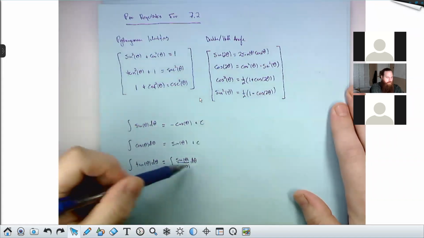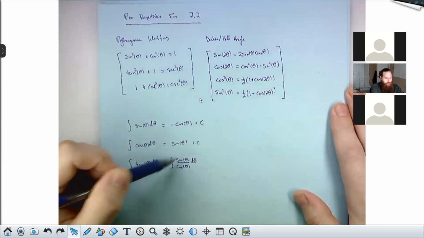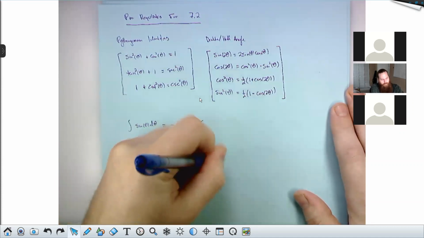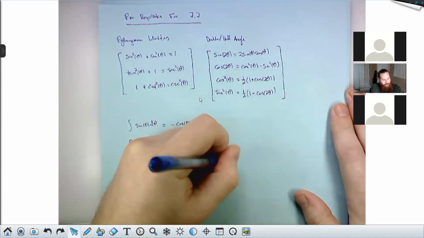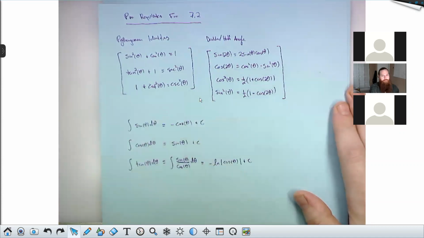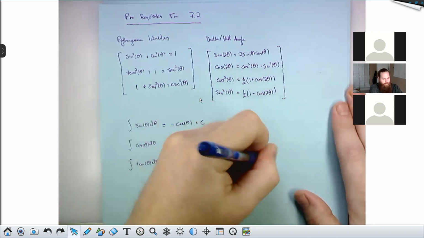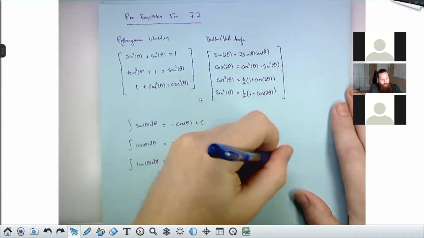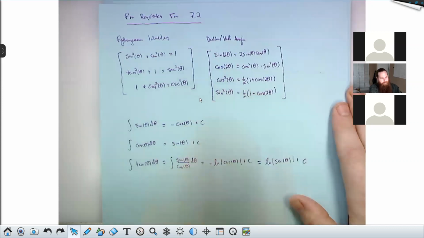You let z be cos theta, so dz is negative sine theta d theta. You get the integral of negative 1 over z dz, that's negative natural log of z. So this will be negative natural log of cos theta plus a constant. And if it's easier to remember, you can bring the negative inside as a power, which makes it the natural log of 1 over cosine, or the natural log of secant theta plus c.